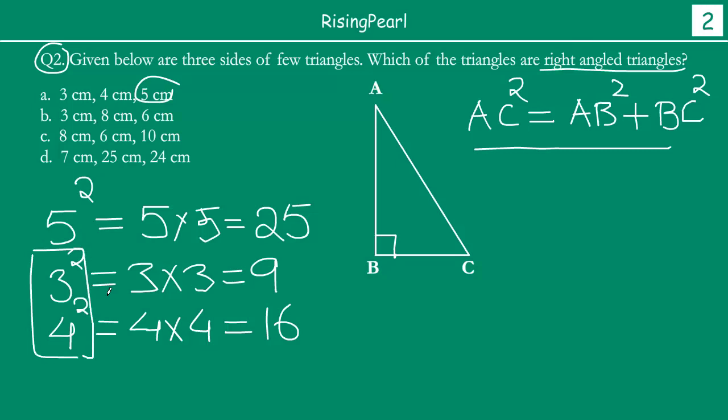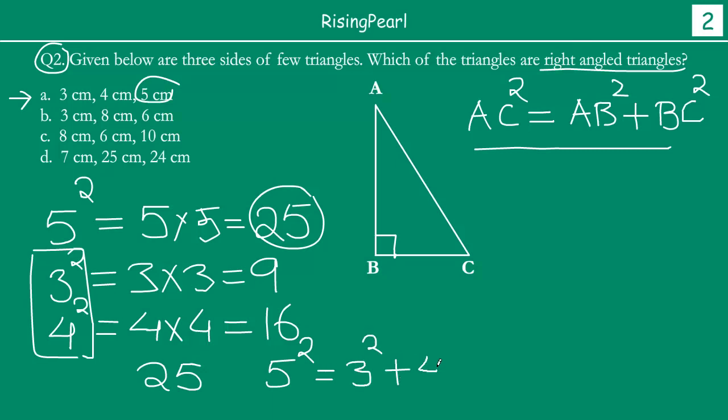So if you add these two, you will get 9 plus 16, which will be 25, which is exactly what we have here. That means in this first example, we have 5 square equal to 3 square plus 4 square.